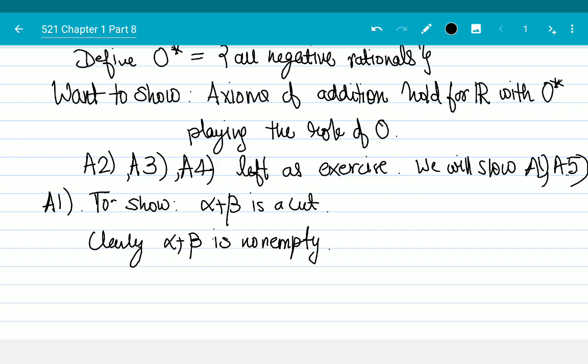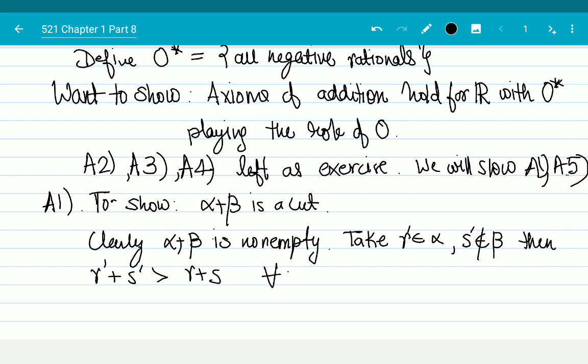Right? Then take R prime not in alpha, S prime not in beta, then R prime plus S prime is greater than R plus S for every R in alpha, S in beta, right?